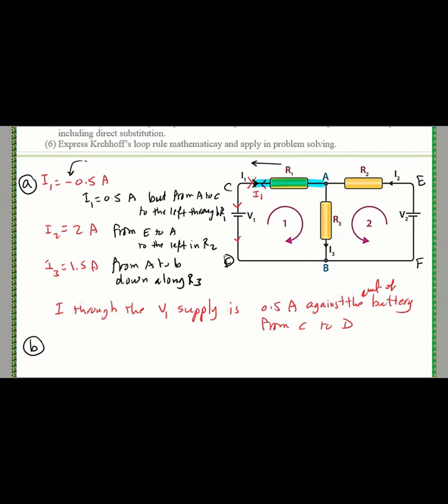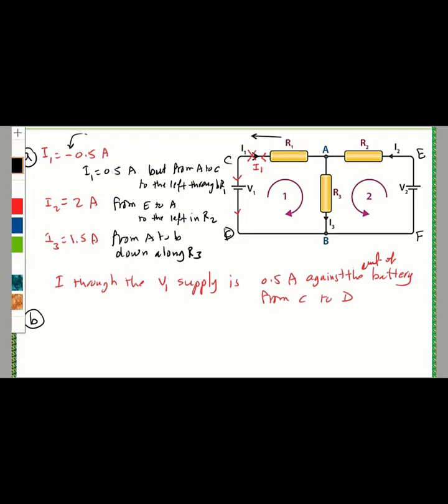You can go from A to C to D, then to B. Another choice is from A to E to F to B. But the easiest one is from A to B immediately through R3, which I will follow. Sigma EMF minus sigma I R equals V AB.